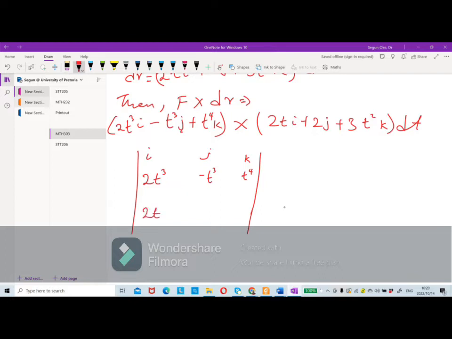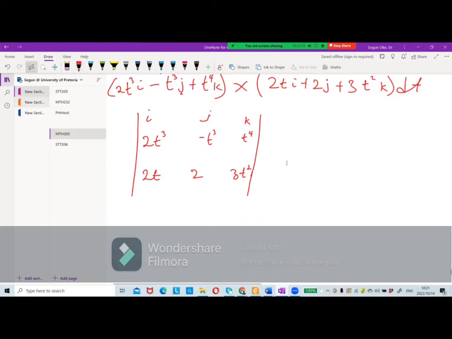So we have 2t, 2j, and 3t. No, this is 2, 3t squared. Yes. So we can go ahead and do plus, minus, plus.